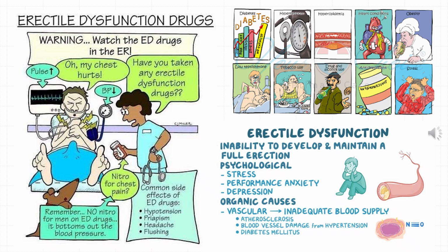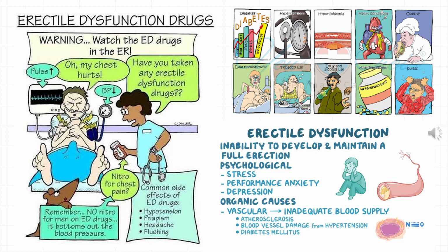Our first line therapy for medications is going to be a PDE5 inhibitor. These are your typical medications like sildenafil or tadalafil, your Viagra and Cialis. These help to enhance blood flow by relaxing the smooth muscle in the penile arteries and help to create that erection.